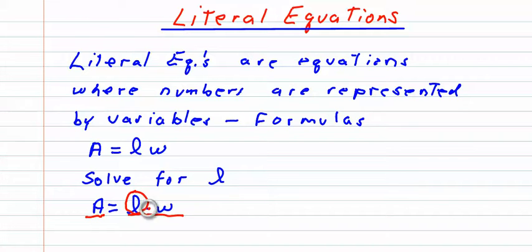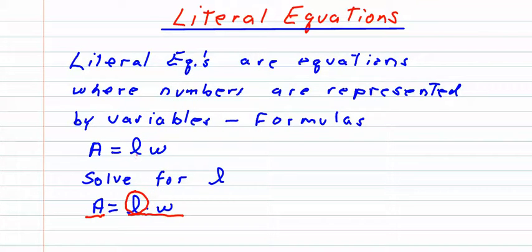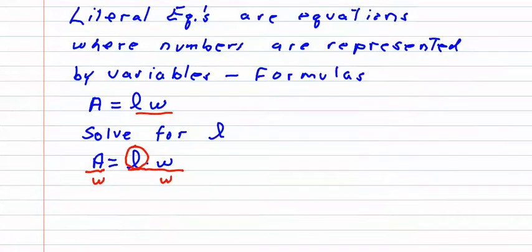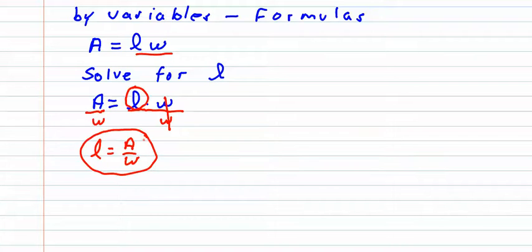I put the dot here, but whether I have the dot or I have it written like this, it doesn't matter. It's multiplication. We divide both sides by W. The W's cancel, and the length equals A over W. We have solved for L.